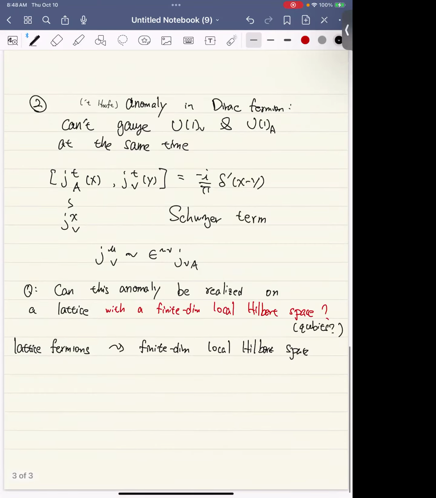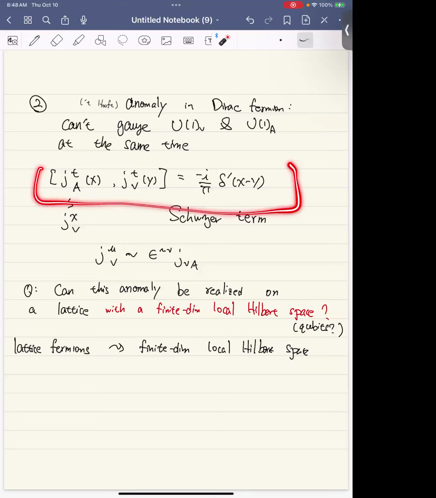All right. Now, there's a simple argument why this cannot be true. Namely, it's impossible to realize the Schwinger term literally on the lattice with a finite dimensional local Hilbert space. And the argument is very simple. You just take the trace on both sides.